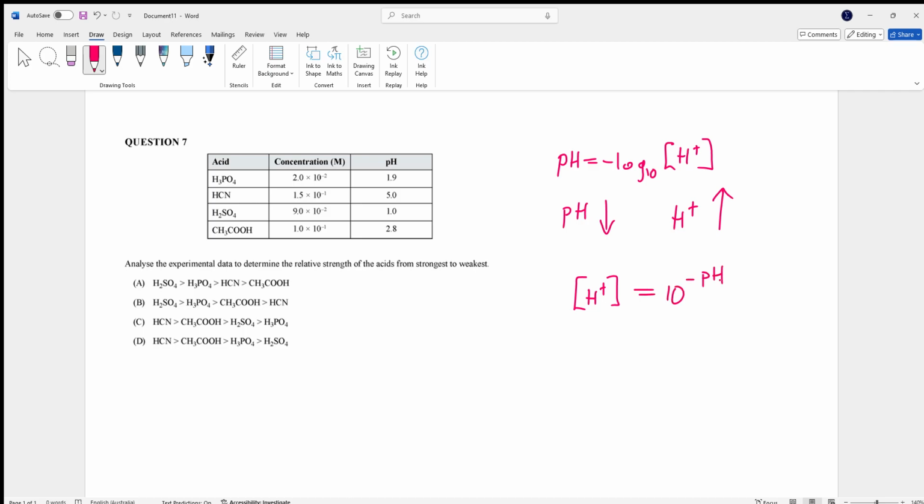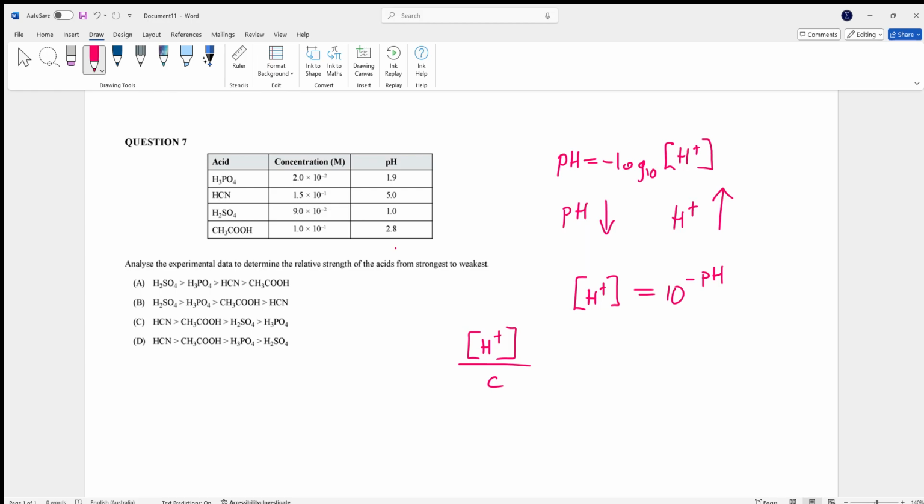Now we also want to compare the concentration, the relative strength of the moles put in. So the moles disassociated over the moles put in. So we kind of want a ratio of, let's say, H+ over the concentration here. That's what we want to compare here, because while a lower pH is more acidic, sometimes the moles put in will not be as strong as the others.